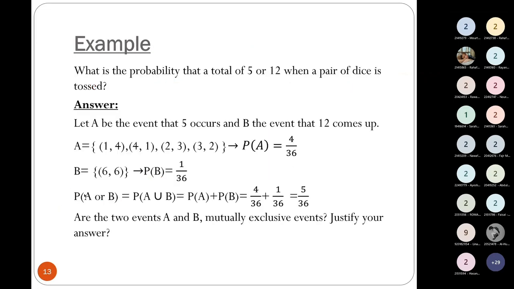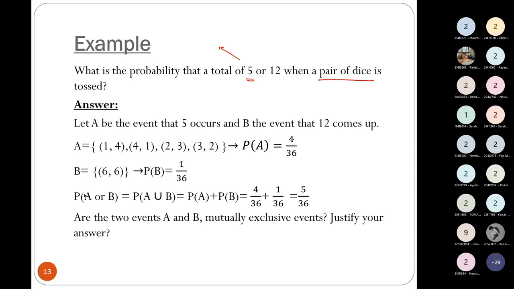Now, what is the probability that a total of 5 or 12 when a pair of dice is rolled? Pair of dice means we have 2 dice and the sum equals 5. In this case, we have 36 outcomes, okay? Because the first die has 6, the second 6, so we have the sample space with 36.